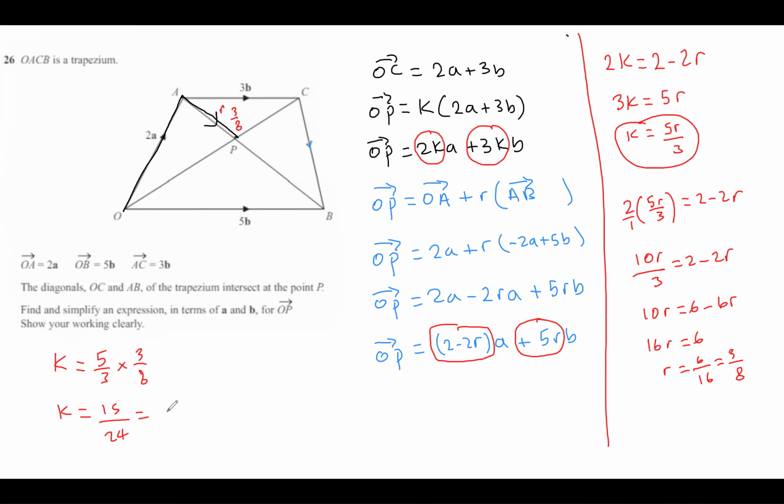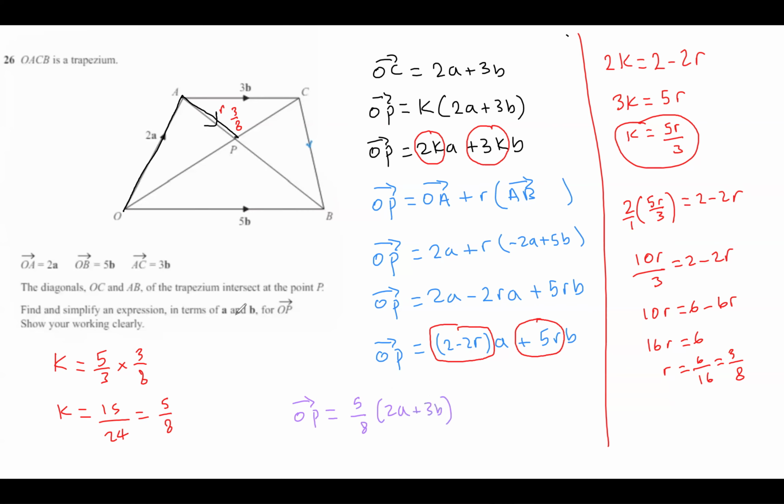Both are divisible by 3, so we can simplify that to 5 over 8. And then we could sub that in here, so our final answer: OP is therefore equal to 5/8 of 2a plus 3b.